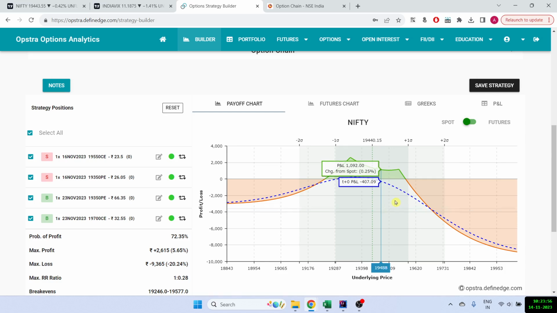Let's say the market goes up. Once it touches my maximum profit range, which is approximately 19,550, that means a movement of almost 110 points on the upside, that is when I will exit both my put positions. So I will exit the short put and the buying put, and I will end up making a profit there.